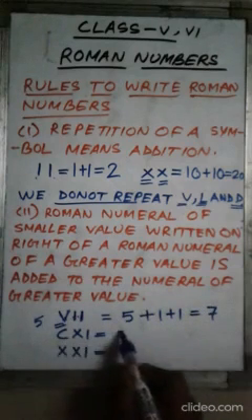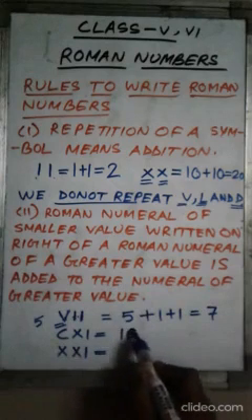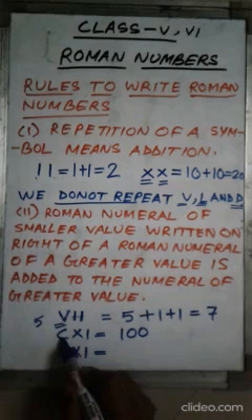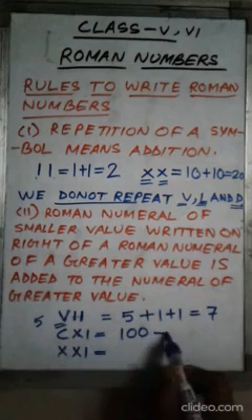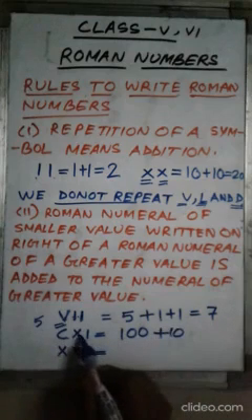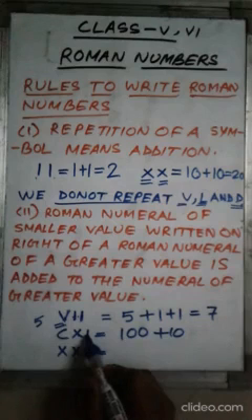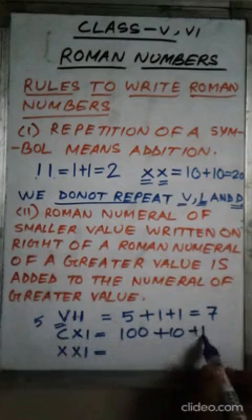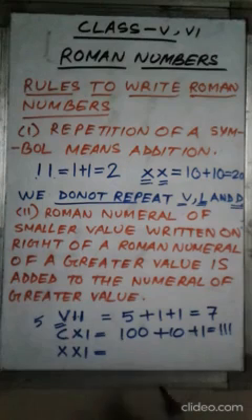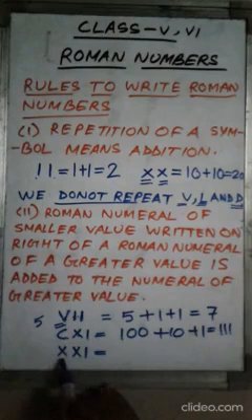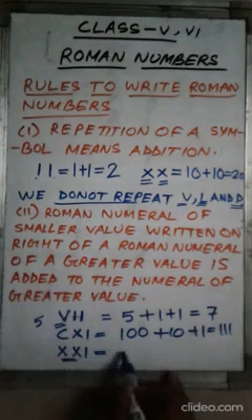For this, C is 100. This is greater than this. So this is 10. And this is greater than this. So this is addition. So it will be 1, 1, 1. Here also you can see this is repetition of the symbols.